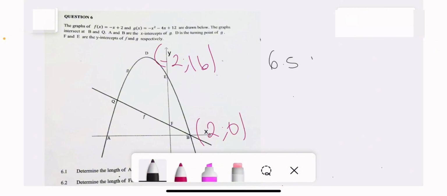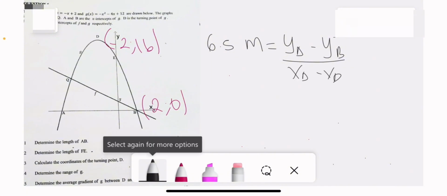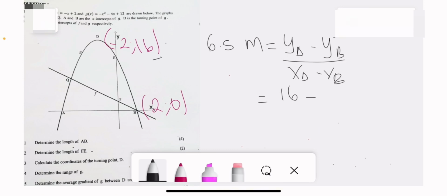The gradient formula is m is equal to the change in y over the change in x: y at D minus y at B, over x at D minus x at B. Substituting, the y value at D is 16 minus 0, over minus 2 minus 2. Gradient is equal to negative 4.